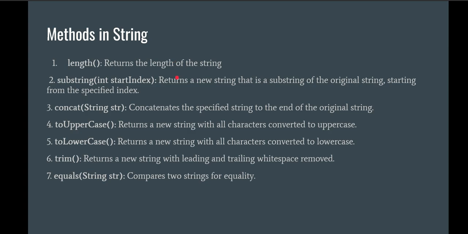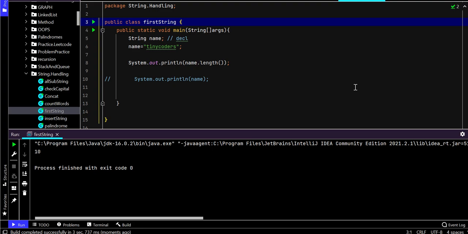The second method is the substring method. It returns a new string that is a substring of the original string, starting from the specified index. I will show you first.